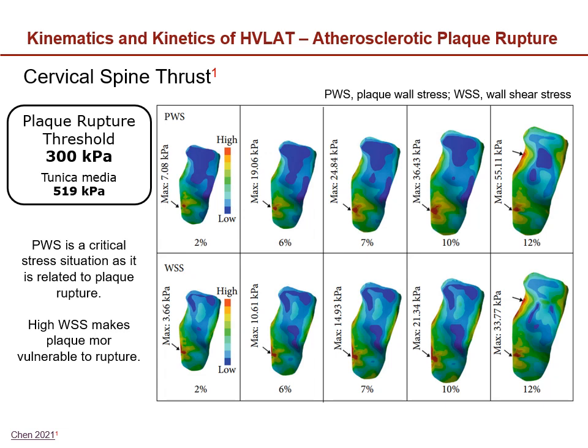And then keeping in mind that 300 kilopascals as far as the plaque rupture threshold. So we can see 2, 6, 7, 10, and 12% in each of the respective columns, and that's a percentage of the strain on the vessel itself.